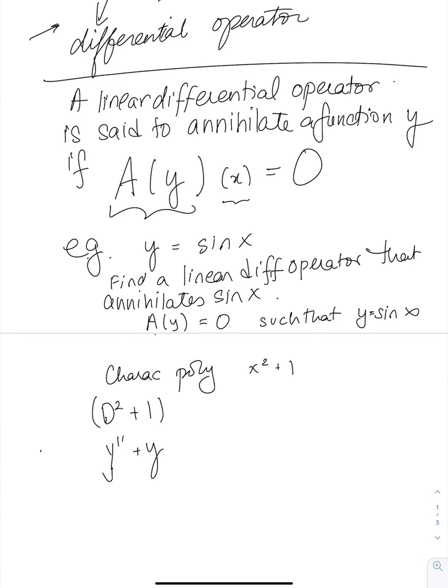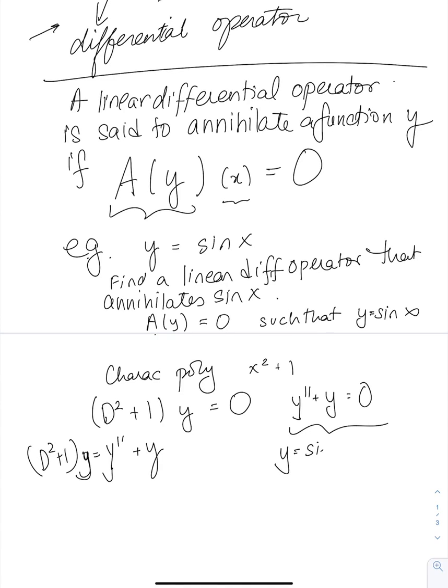When you look at D squared plus 1 of y equals 0, which is the same as y double prime plus y equals 0, what function solves this? You know y equals sine x solves this.